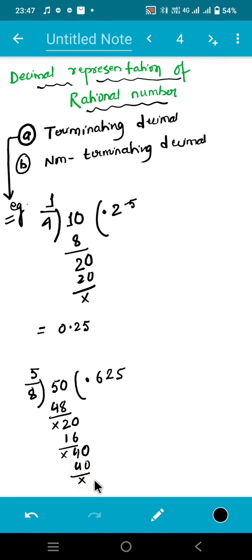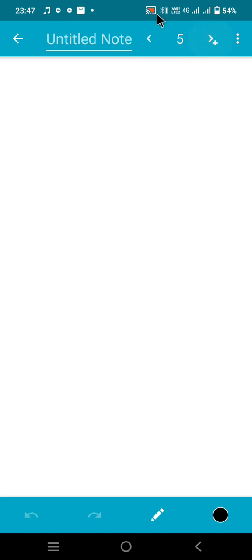Now you see, again we get 0. So the answer is 0.625. So this type of rational number, where after dividing we get 0, this type of decimal is called a terminating decimal.